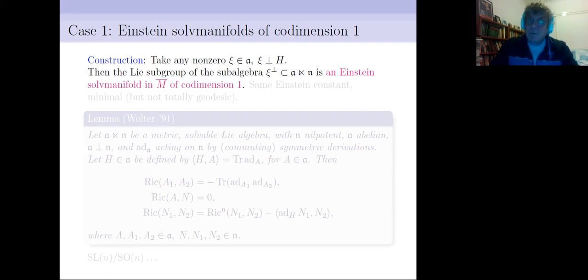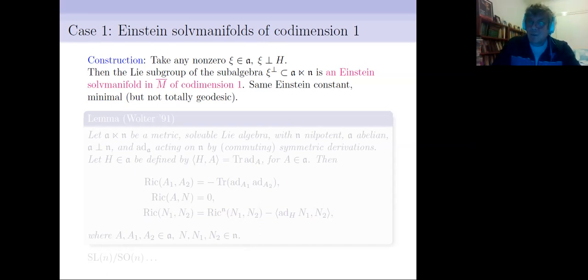And now it's going to be a subalgebra whose exponent is an Einstein solvable manifold of codimension 1. And of course, it's easy to see that it has the same Einstein constant. It is minimal because all the mean curvature is still there, since we took psi perpendicular to H.